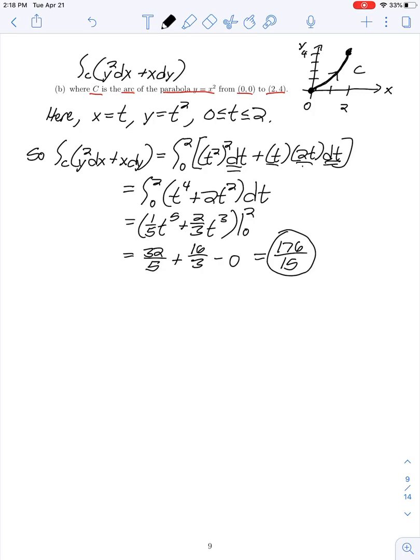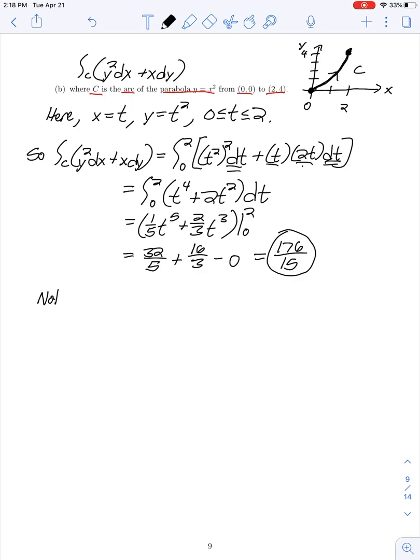So this is not the same expression that we had in part A. So even though our curve connects the same endpoints, since it was not the exact same curve, we had different values for x and y along this curve, so it affected the value of our integral.